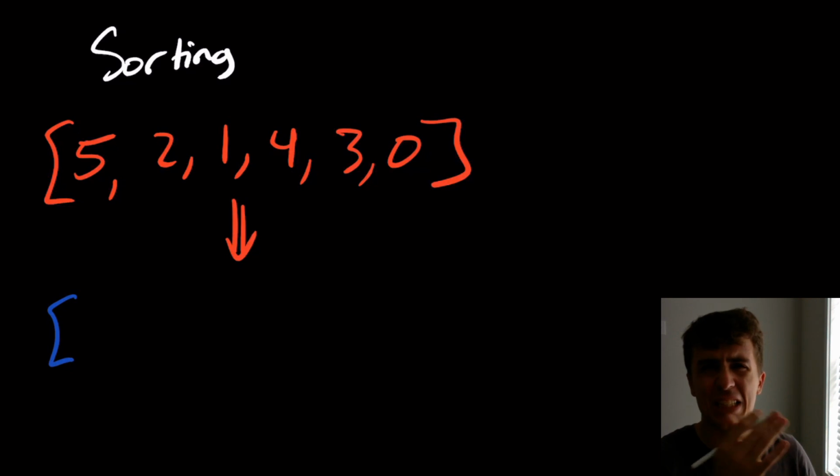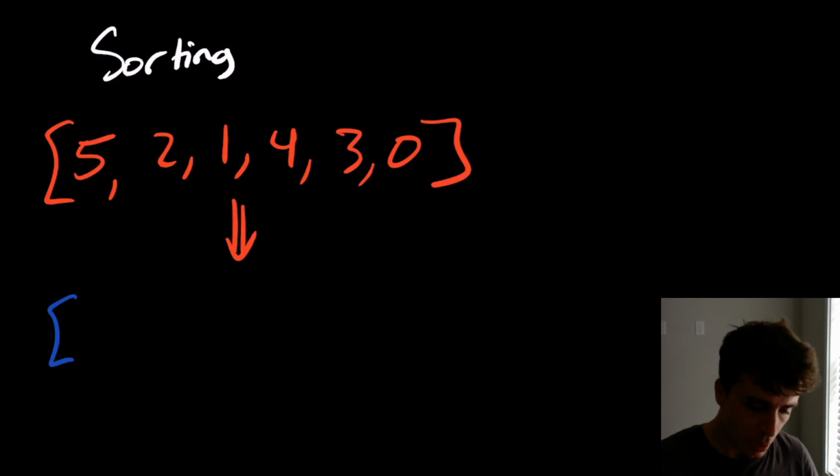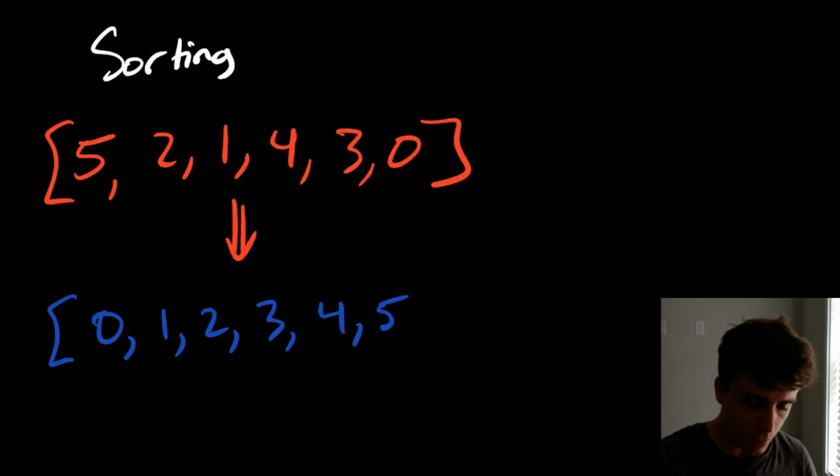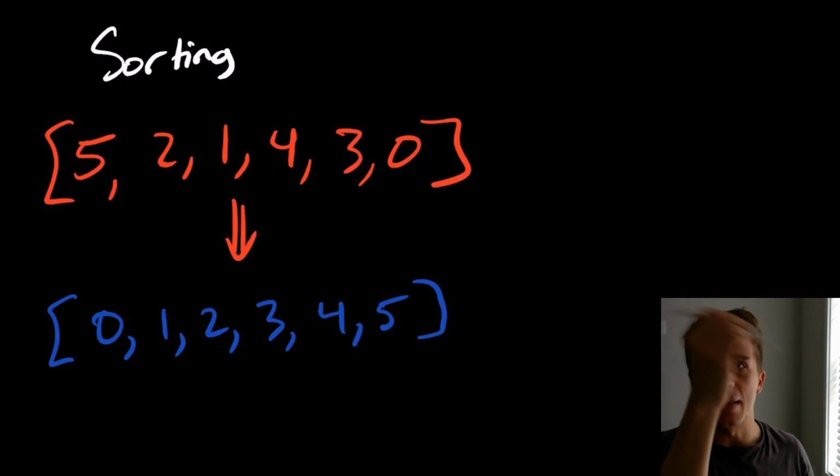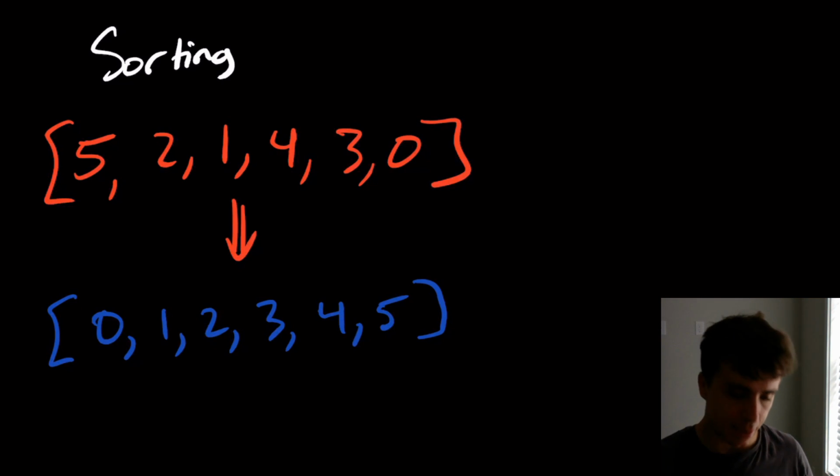Let's just say ascending order, but what we're going to do will generalize to any type of sort that you want, like descending or any other. So the sorted order in this case is 0, 1, 2, 3, 4, 5. The smallest element is at the very front, and the largest element is at the back.